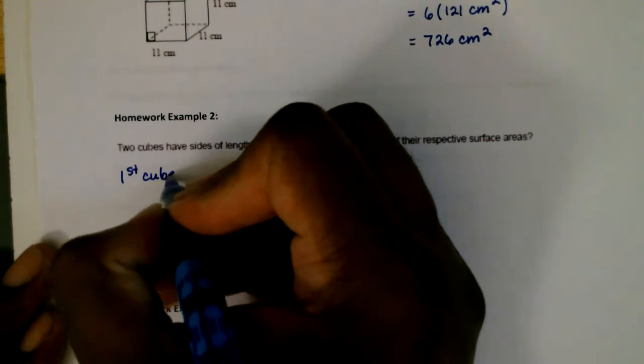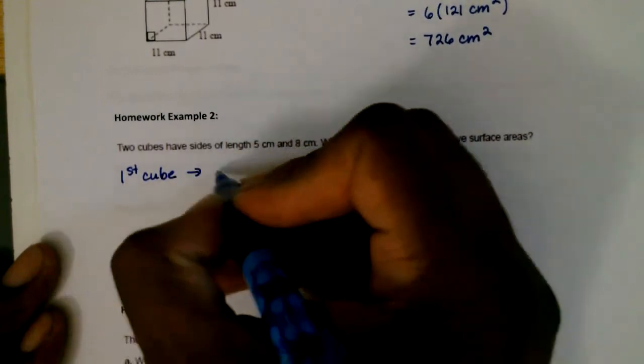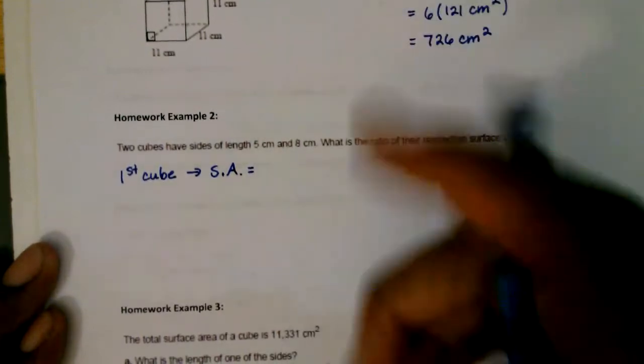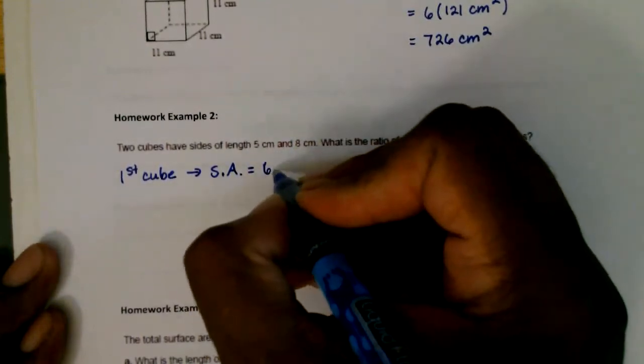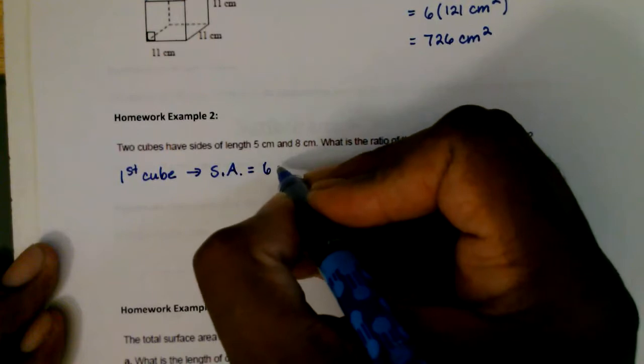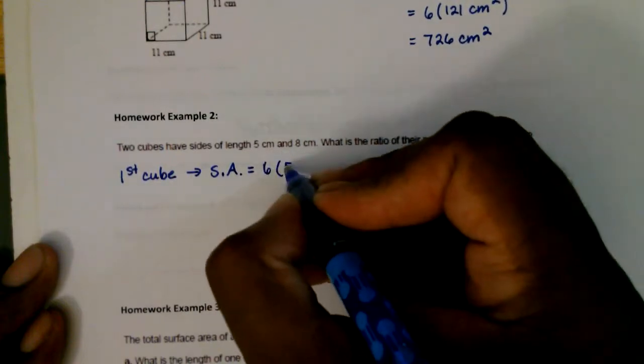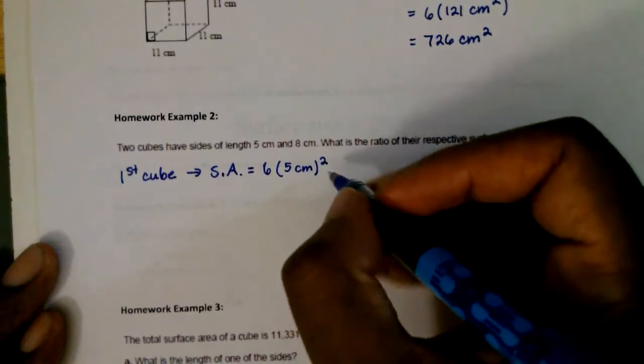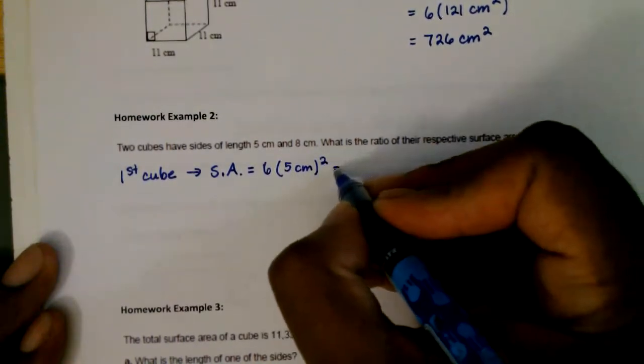Okay, so for that first cube, the surface area, of course, is 6e squared. So this will be 6 times, let's say that first cube is 5 centimeters. So it'll be 6 times 5 centimeters, and that's going to be squared.